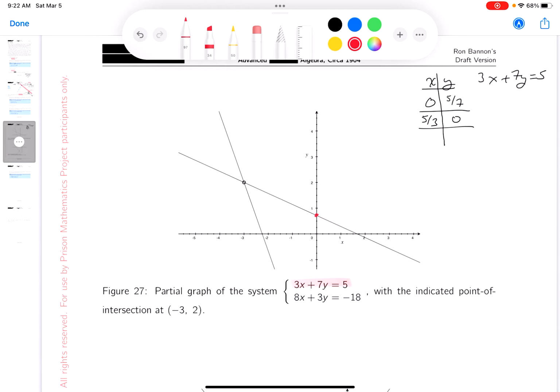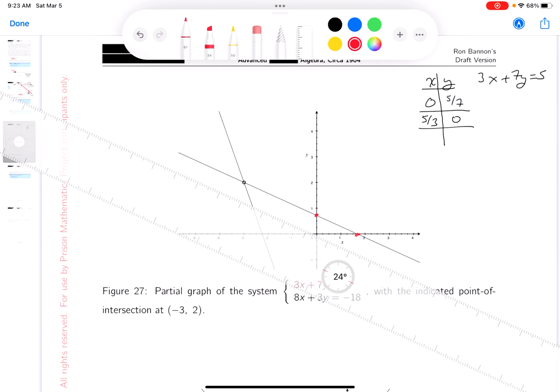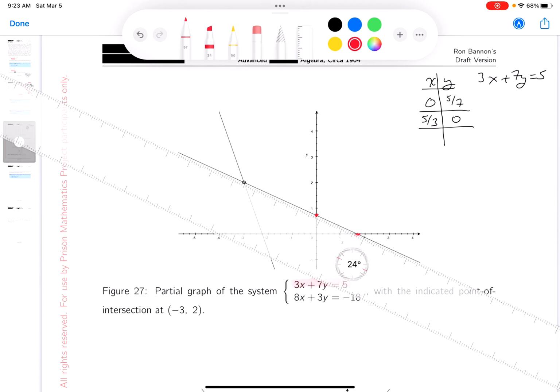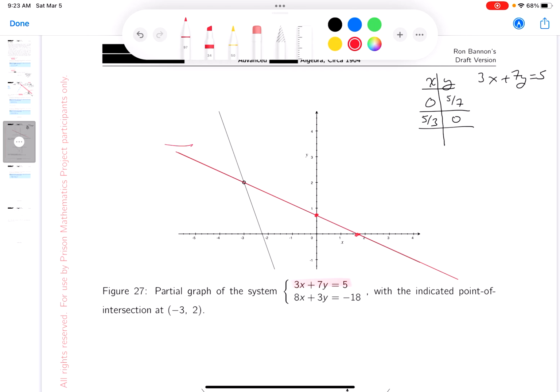And the next one is 5/3 on the x-axis. That's 1 2/3, so over here somewhere. And then I take my ruler, and it's never great. I'd try to graph a line through that, and I'd say that goes on forever. That line's done. Let me go to the next line.